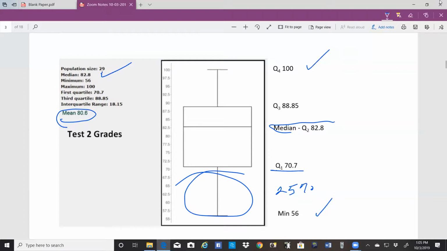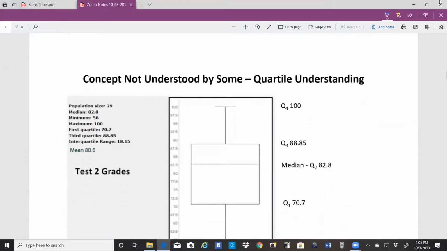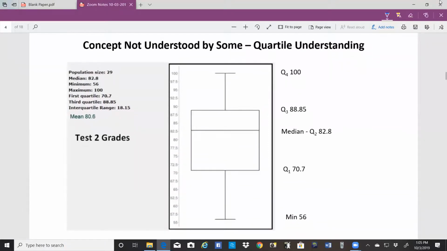Now I want to talk about some things that were missed. One thing that stood out to me was the concept, not understood by some, of the quartiles and their interpretation of the box plot.